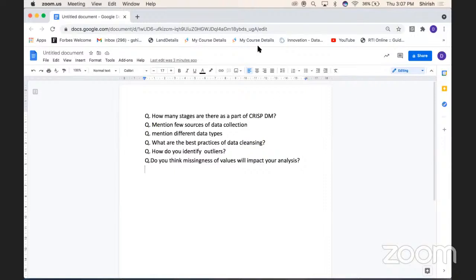There are various types of missingness, and it could be due to any reason. Maybe that particular person is not interested to disclose his details. Maybe by mistake that particular data is not entered into the table.